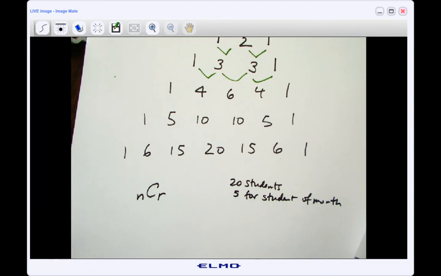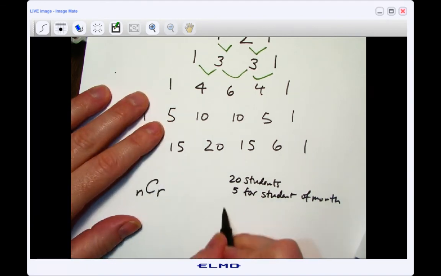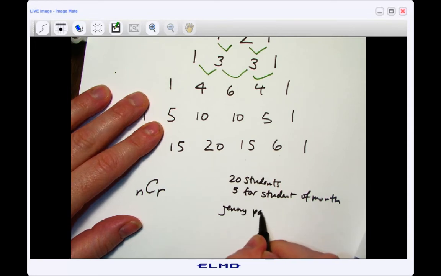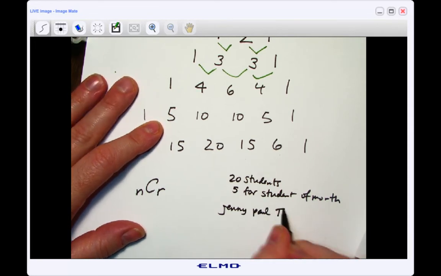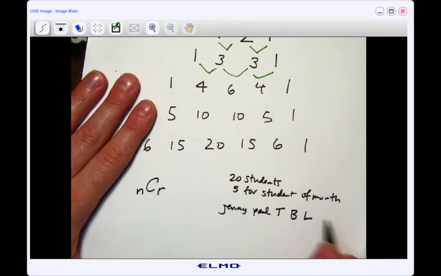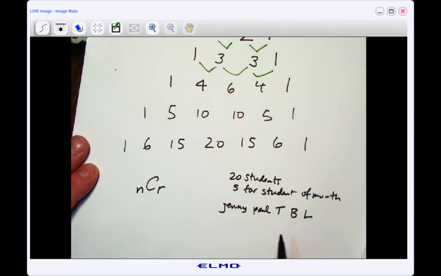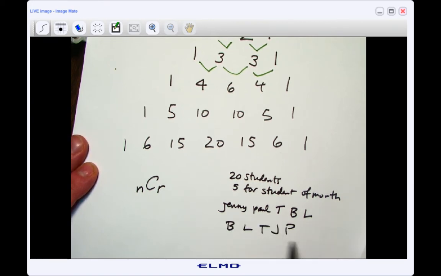right? Now if I said that Jenny, Paul, Tanisha, Bobby, and Larry, these are the 5 students that I'm going to pick. It would be the same thing as saying them in a different order. It doesn't matter which order I say them in. So this is like picking 20 students and picking 5 of them.